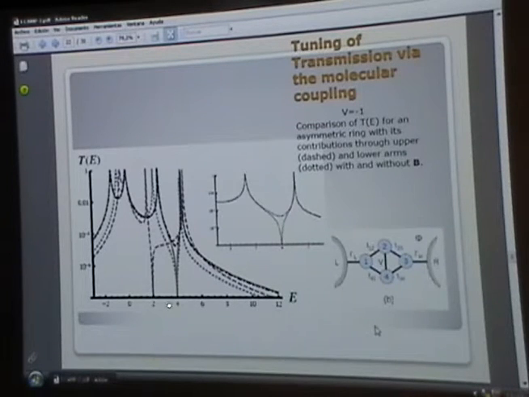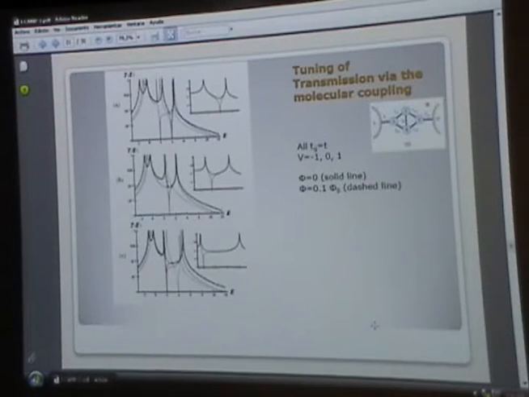What you see there is that basically the yellow curve corresponding to the whole device is quite similar, for example, to this blue curve corresponding to only one of the branches. That depends on the value of B, as you can see in the previous figures.